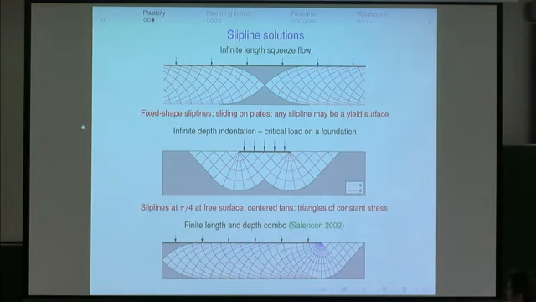And then the other one is this punch type problem. I've got this half space, I'm pushing a plate down into it. The slipline pattern is rather more complicated. There is an inconsistency between the boundary conditions at the edge of the plate that you're pushing in. In order to reconcile the two sets of boundary conditions, one inserts a little centered fan there, and then you add these triangular regions of constant stress.